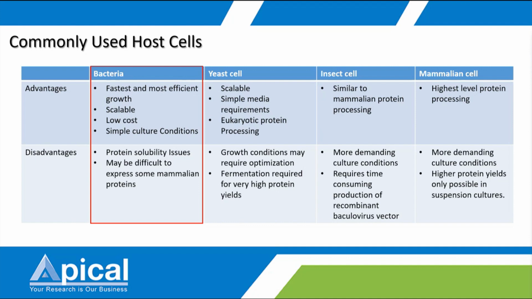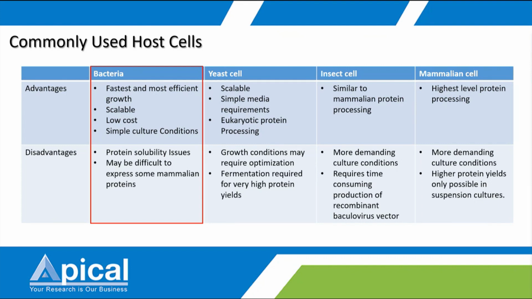But bacterial cell may not be suitable for the study of expression of some mammalian proteins. For this type of study, a mammalian cell may be more suitable as the host cell for the transformation.